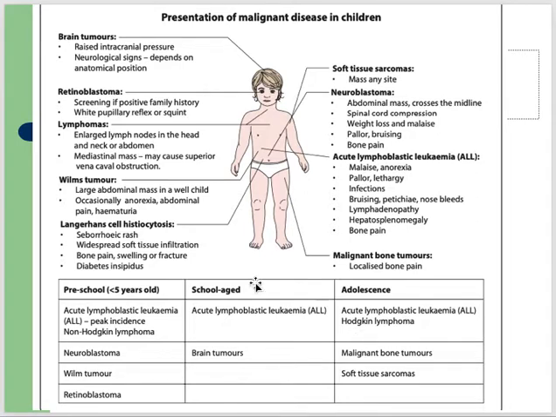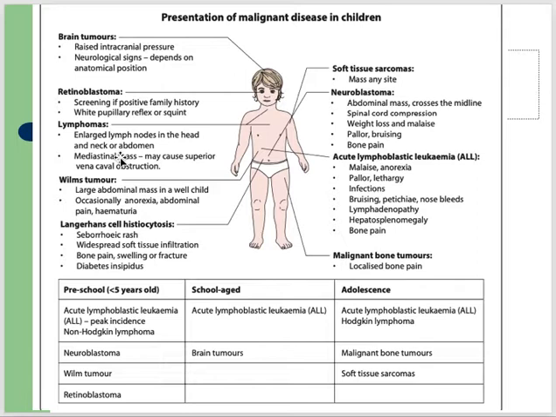But simply, these patients present with enlarged lymph nodes: painless, sometimes cervical, sometimes supraclavicular lymph node enlargement. They have the mediastinal mass as well, which gives secondary symptoms like dyspnea and cough, and some constitutional symptoms like fever. So non-Hodgkin in less than 5 years of age, and in adolescents it is Hodgkin type.